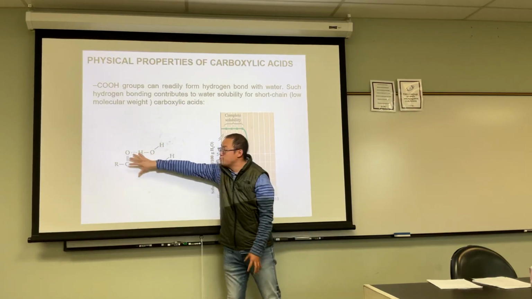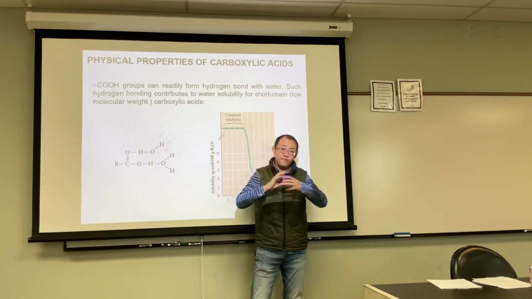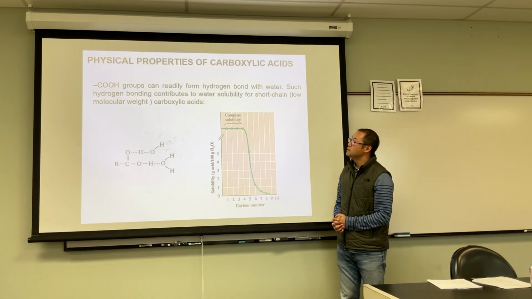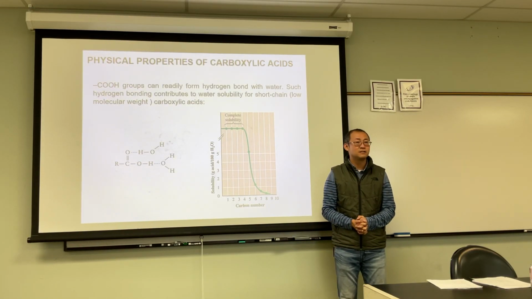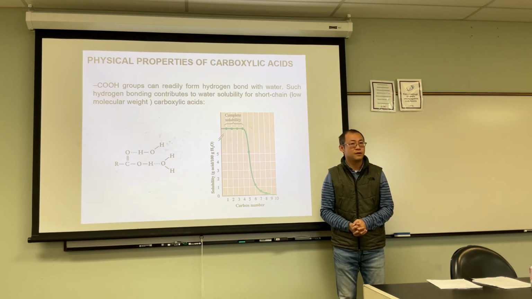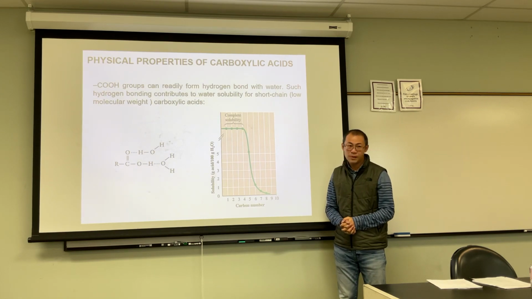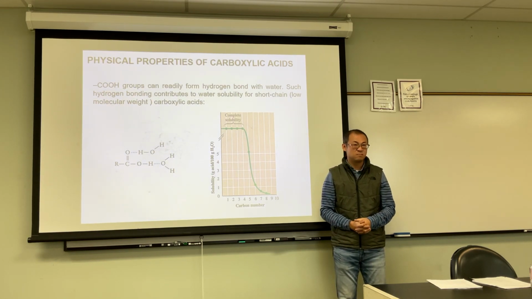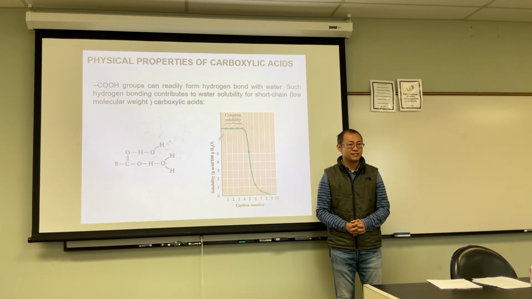So this group interacts very easily with water molecules, making carboxylic acids very soluble. So the solubility is higher than alcohol? Alcohols, yes, because the functional group interacts more with water.